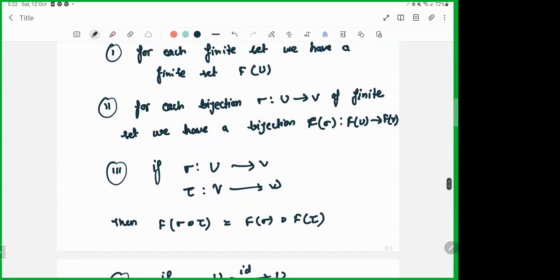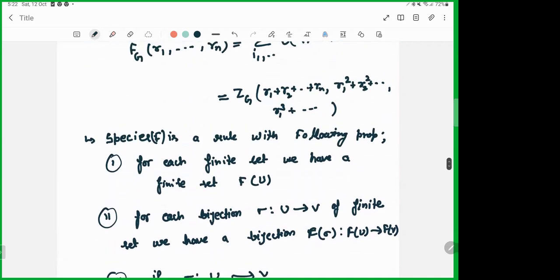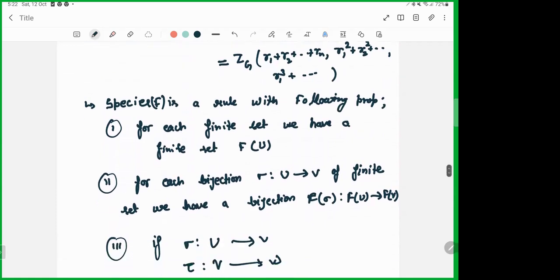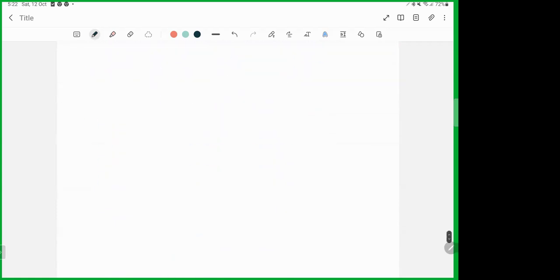This is basically the definition of a functor, which is like a morphism between categories. Then we will see various examples of this.